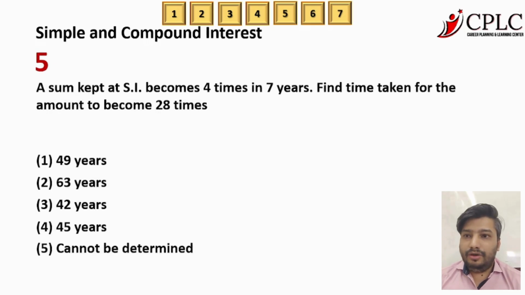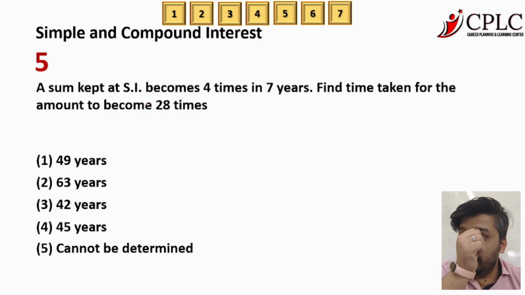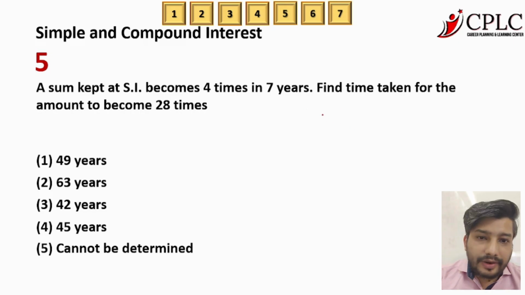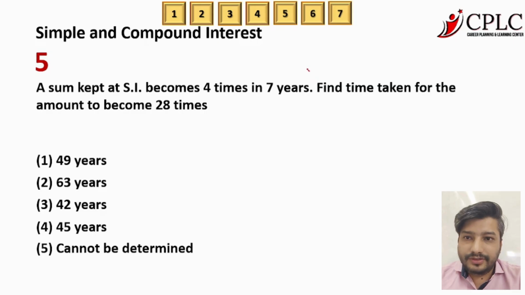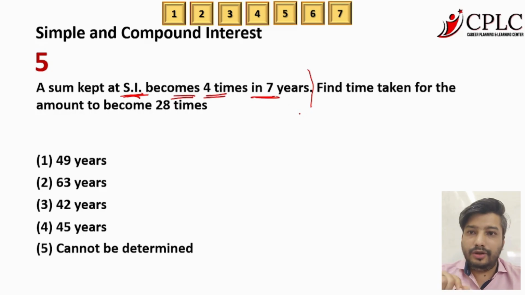Now talking about the 5th question, which says a principal or a sum kept at simple interest becomes 4 times in 7 years. Find the time taken for the amount to become 28 times. Now clearly this first half, SI, principal becomes n times in N years, the multiplicity of principal concept. We know the formula.